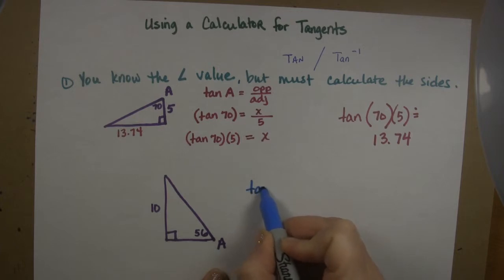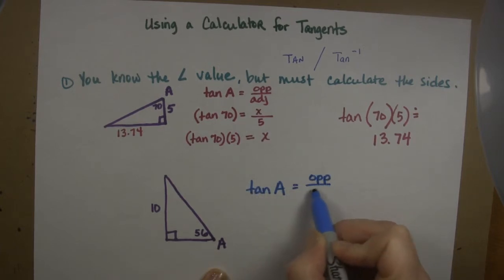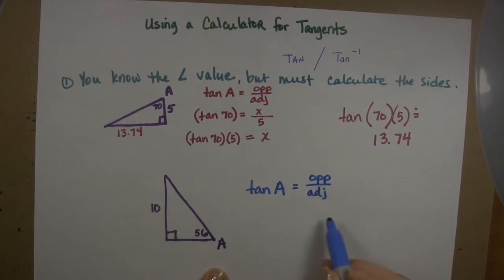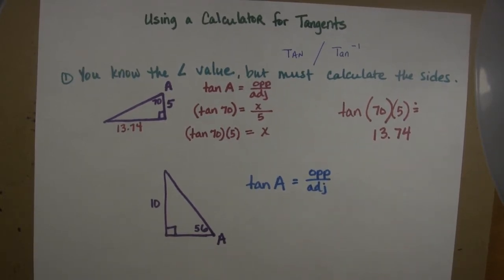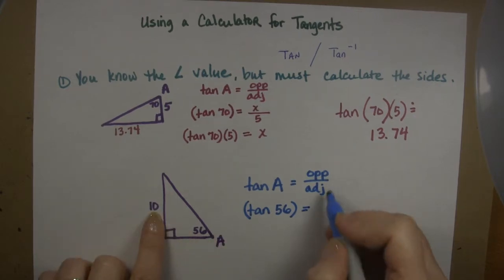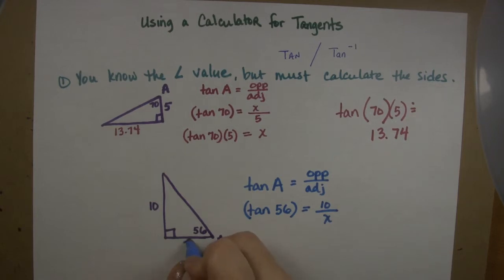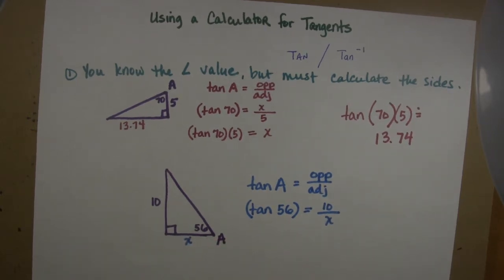So we know that the tangent of A equals opposite over adjacent, right? This is our formula, and I write that out just so that I don't accidentally make a mistake. That means that the tangent of 56 equals what's opposite, which is 10, over what's adjacent, which is unknown, so I'm going to call it x.